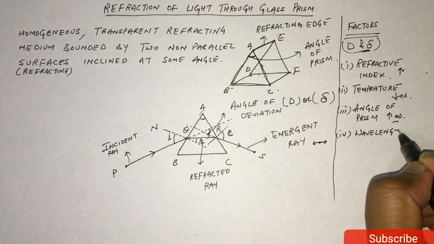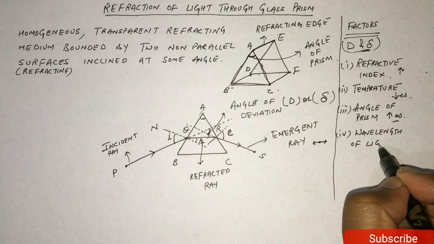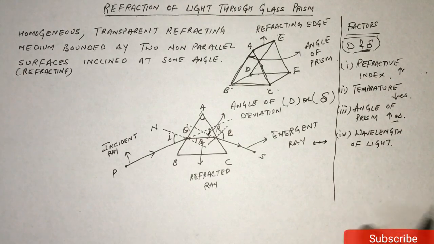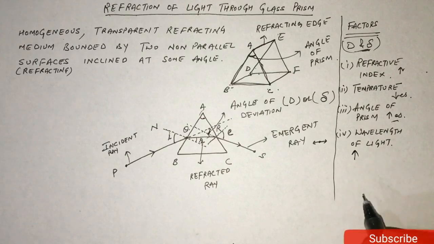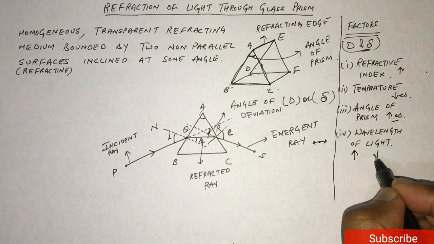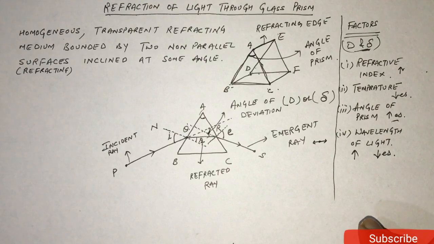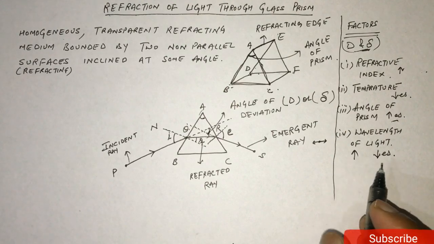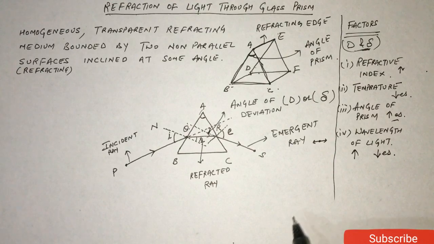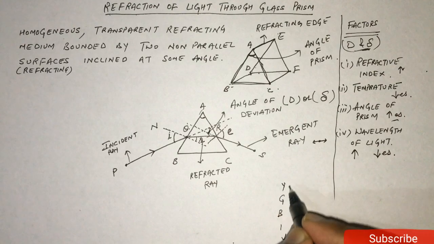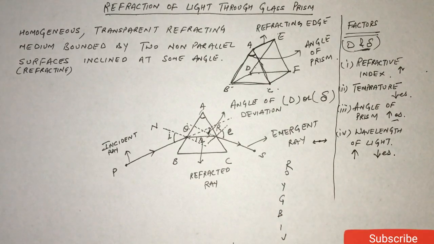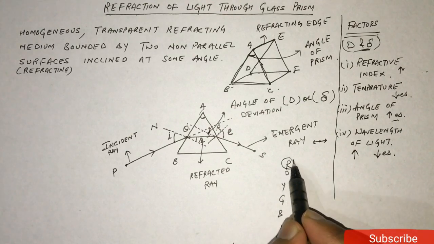Fourth one, wavelength of light. With increase in wavelength, the angle of deviation decreases. Fine. If we talk about dispersion of white light in a glass prism, we have 7 colors in that, that is VIBGYOR, V I B G Y O R. The maximum deviation is in violet color but least in red.